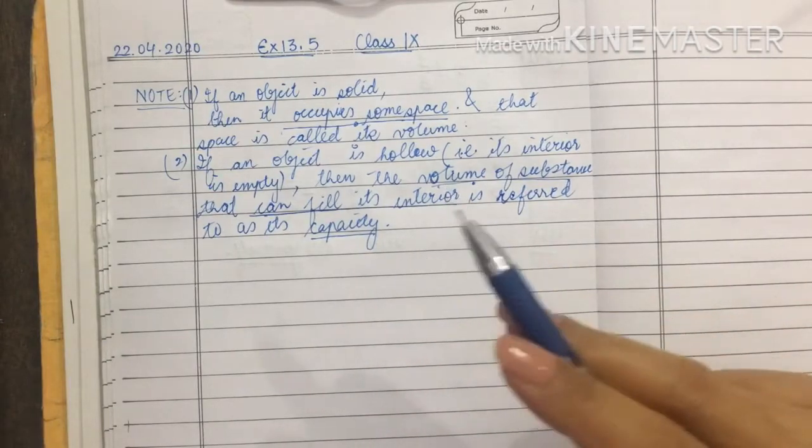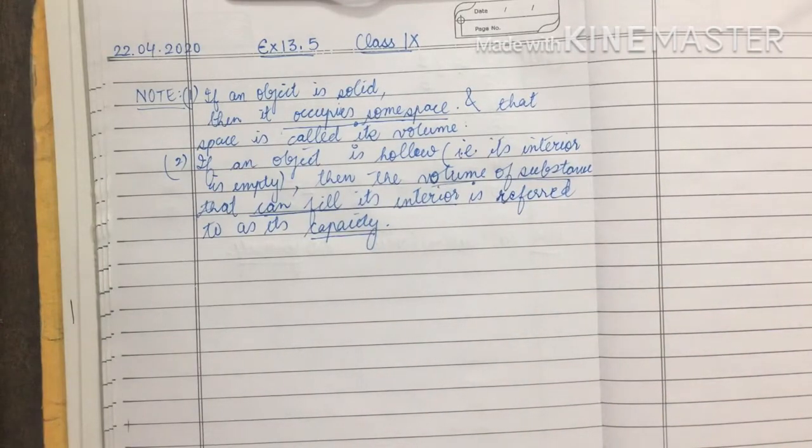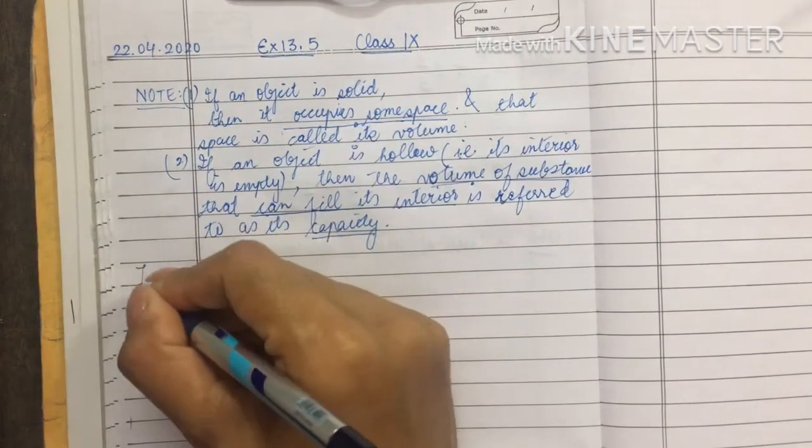Second case, when the object is hollow, you can consider a glass. A glass which is empty can be filled with some liquid, and the volume of the liquid will tell you what the capacity of the glass is. So in all such cases, we are dealing with the volume of the solid shape or the 3D object in hand. Let us write down the formula that we'll be using for the exercise.